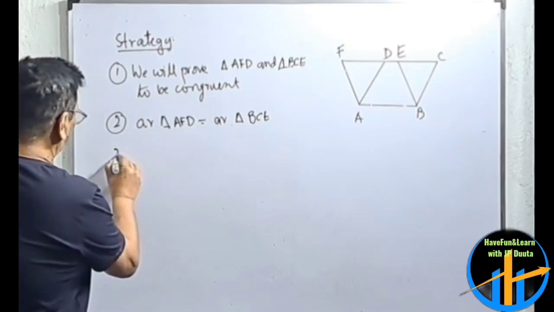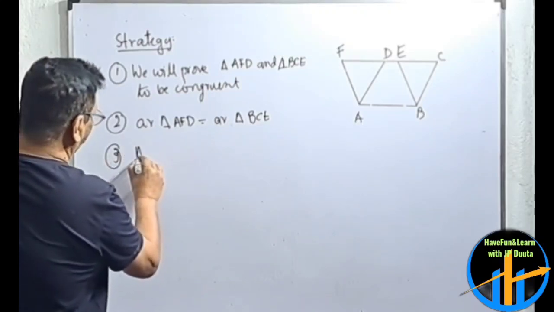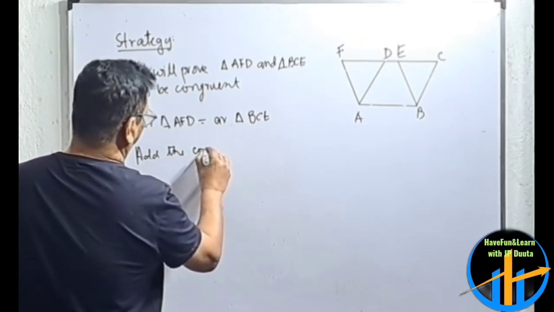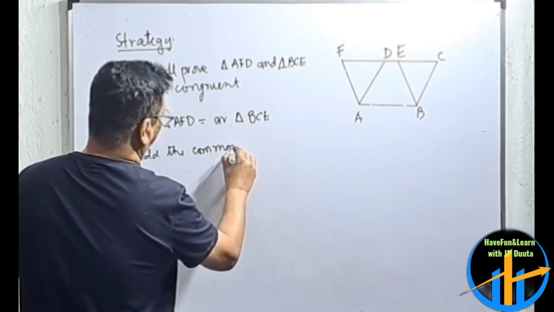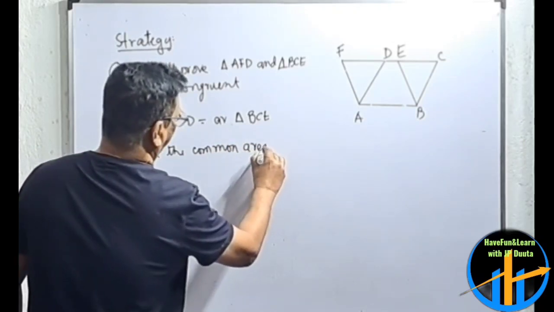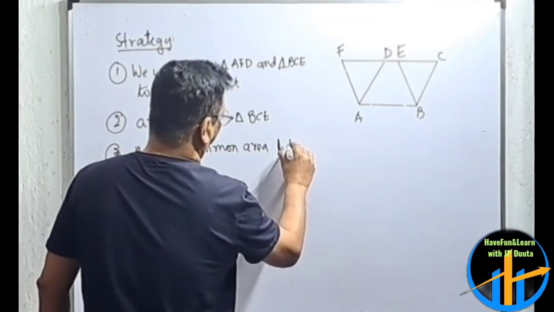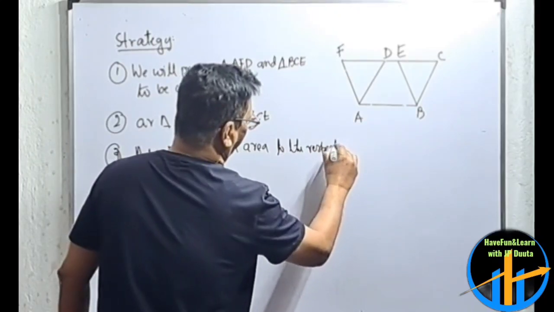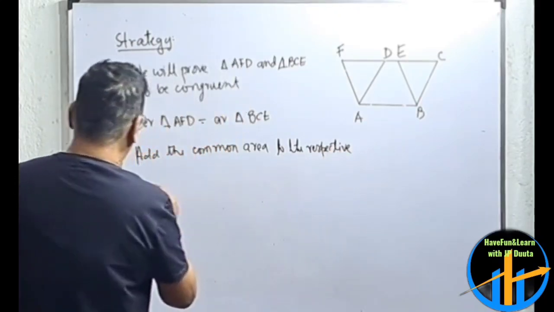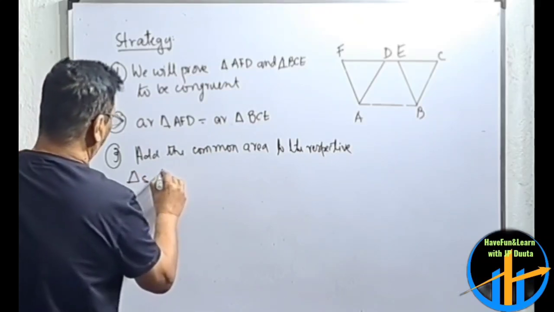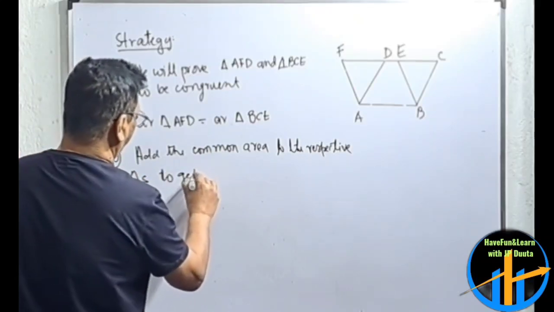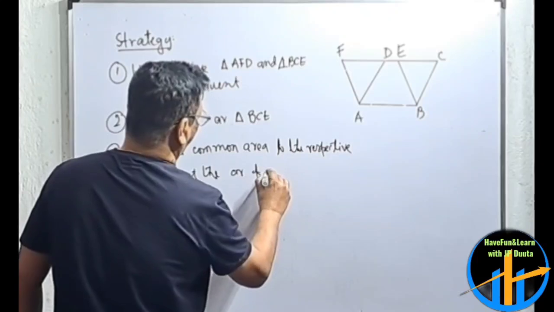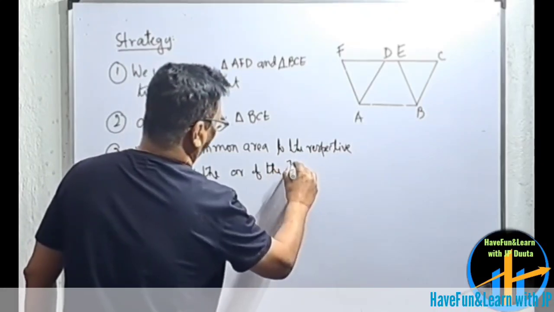Now number 3 will be add the common area to the respective triangles to get the area of the parallelogram.